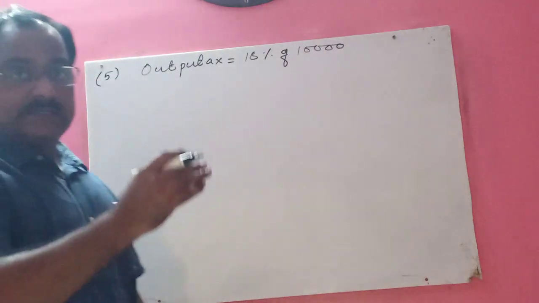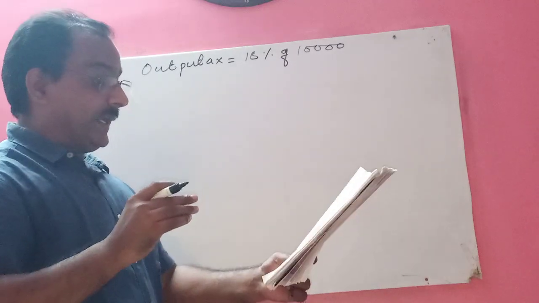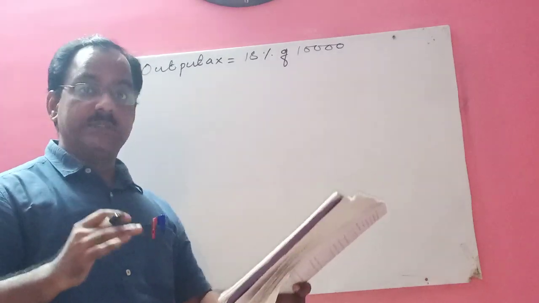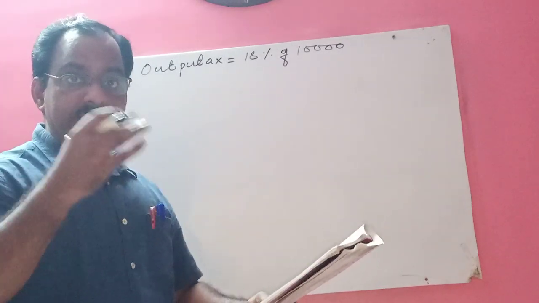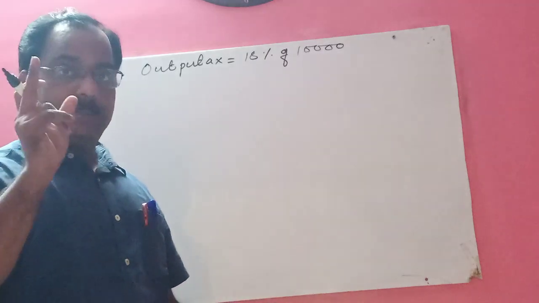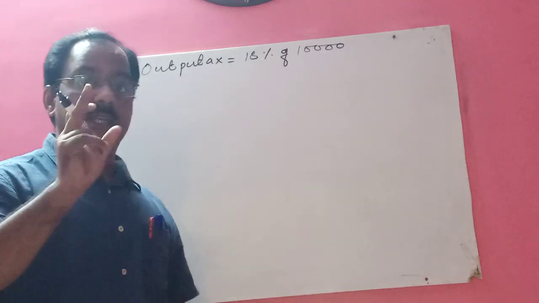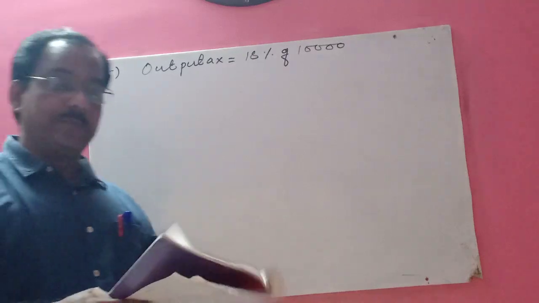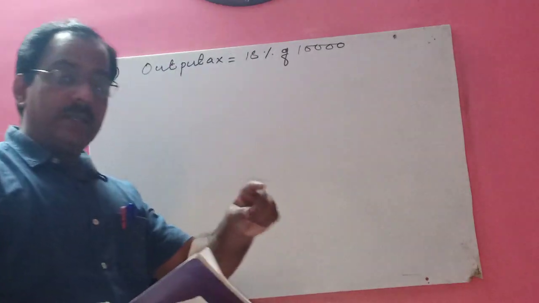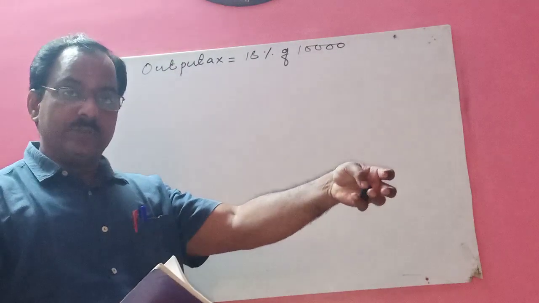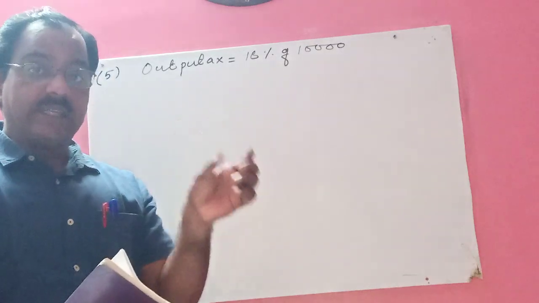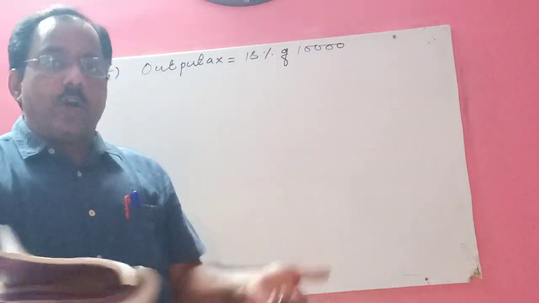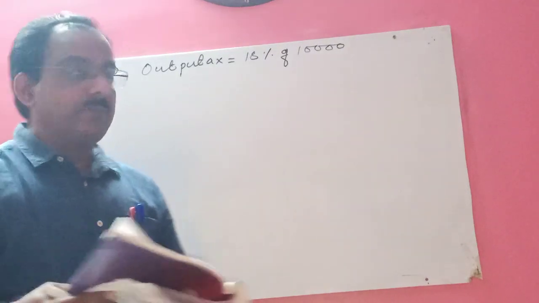Like in previous sum, I told you that 26,500 was the sold price and the GST is collected at the rate of 5%. So you have calculated output tax as 5% of that amount. Similarly here, the sold price is given 10,000 and the GST is collected at the rate of 18%. So how much GST is collected, that you have to calculate here.